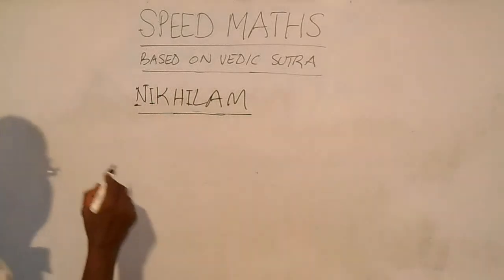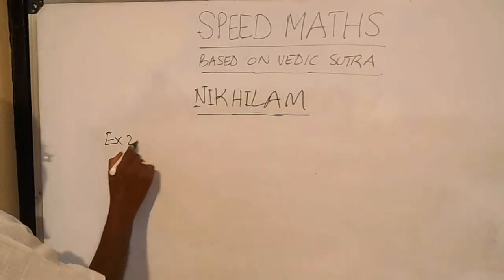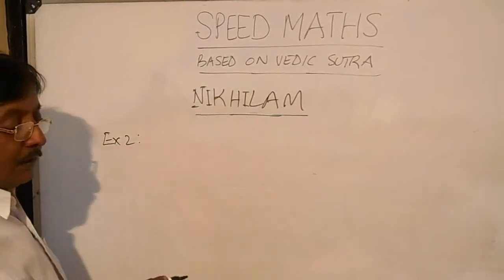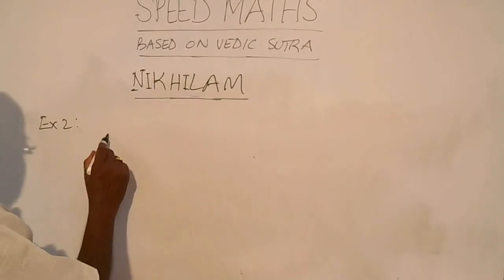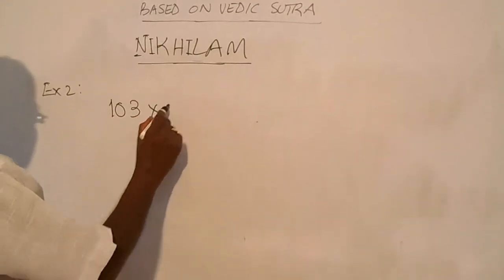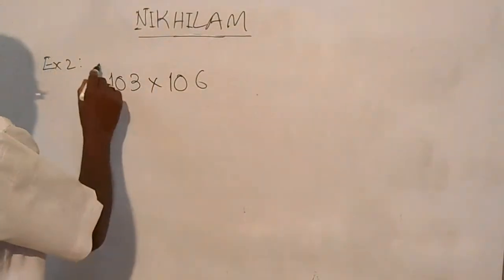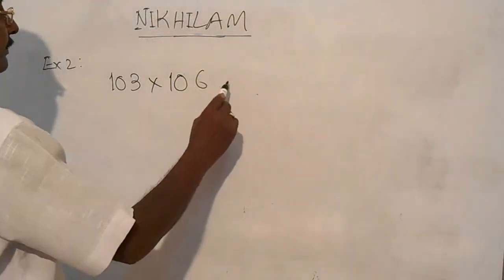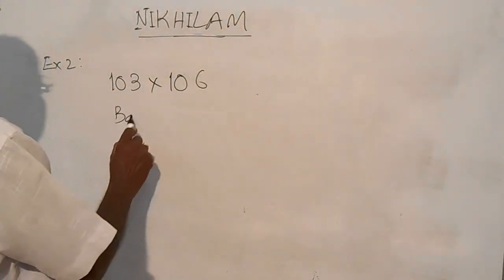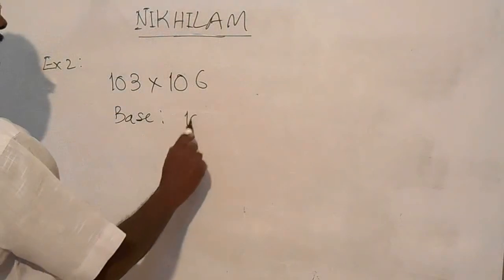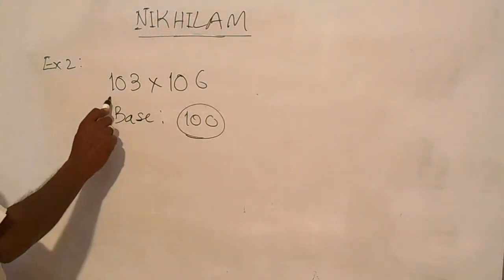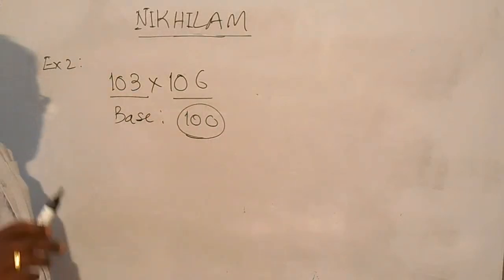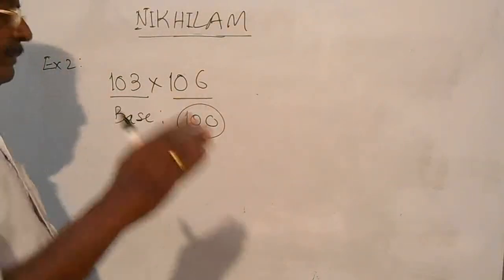We'll see the next sum. Example number 2: 103 into 106. Here the base is 100. Both the multiplier and the multiplicand are more than the base.